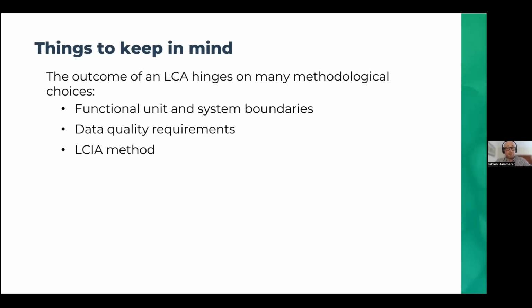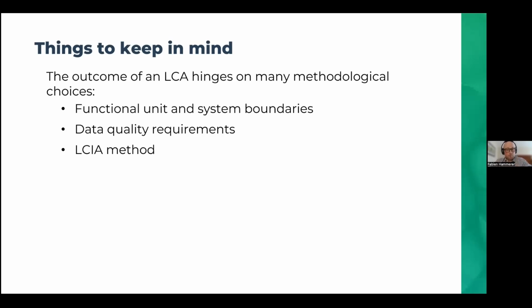So things to keep in mind about LCIA is that the outcome of an LCA and of the LCIA phases hinges on many methodological choices. They will depend, of course, on the functional unit that you're choosing, the system boundaries that you've adopted, the data quality requirements that you set for yourself, and finally, the nature of the LCIA method.